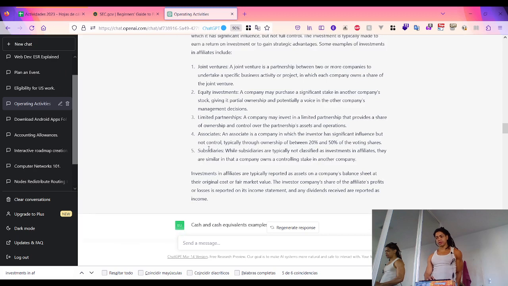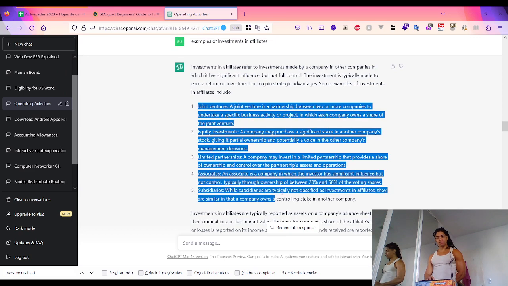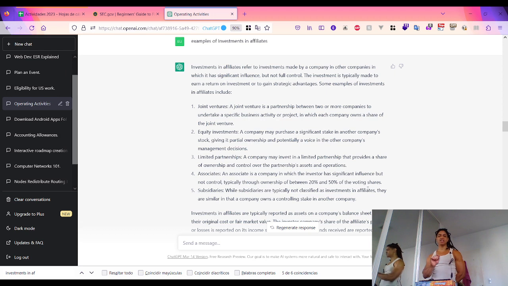Then you've got subsidiaries. While subsidiaries are typically not classified as an investment in affiliates, they are similar in that a company owns a controlling stake in another company. So here we have four examples of investment in affiliates. Joint ventures are a partnership between two or more companies to undertake a specific business activity or project, where each company shares in the joint venture.